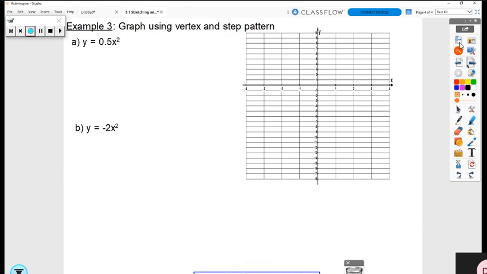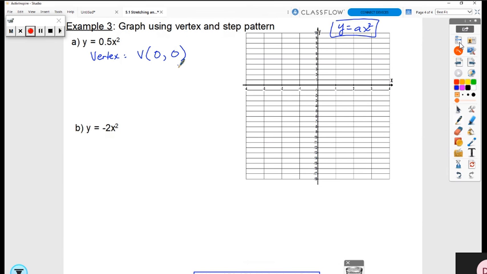So we know that because these are in y equals ax squared form, their vertex is 0, 0. So first, the vertex of this guy, I'm going to put v and then 0, 0. I put a v here just to remind myself, hey, that's the vertex.